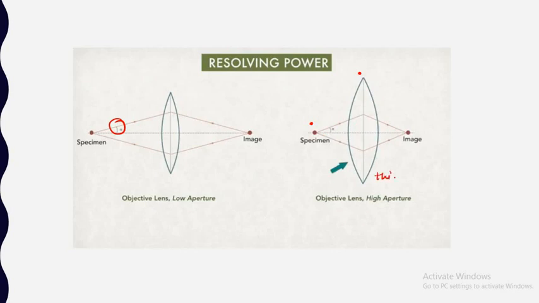The thicker the convex lens, the higher the angular aperture, and the less the distance between the specimen and the objective lens. Distance is less, and therefore you will get a higher value of angular aperture. So the higher the value of angular aperture, the better is the resolution.